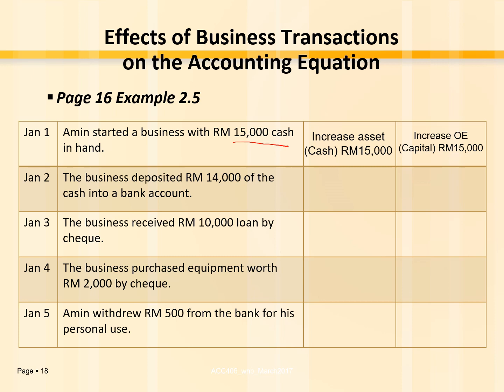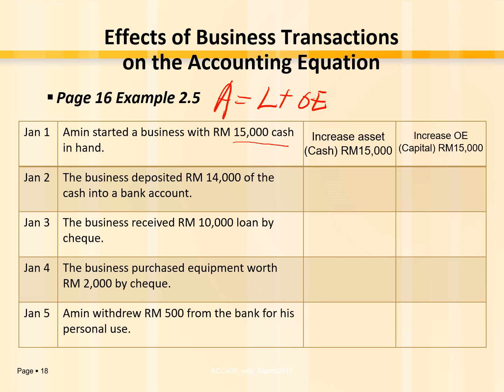Okay, so you must always observe the asset equals to liability campur owner's equity. Dalam kes ni, masa dia start business ni dia tak ada liability lah. Okay, so 15,000 sama dengan 0 campur 15,000 untuk Amin yang 1st January.